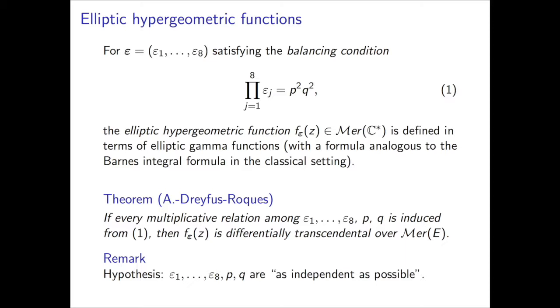So they're not multiplicatively independent, but if they are as multiplicatively independent as possible, in the sense that this is essentially the only relation that they satisfy, then whenever that happens, the corresponding elliptic hypergeometric function will be differentially transcendental over the field of meromorphic functions.